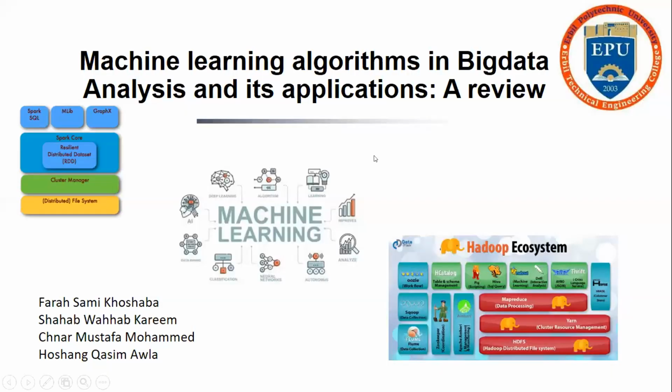Hi, everybody. My research paper is about machine learning algorithms in big data analysis and its application, as a review.